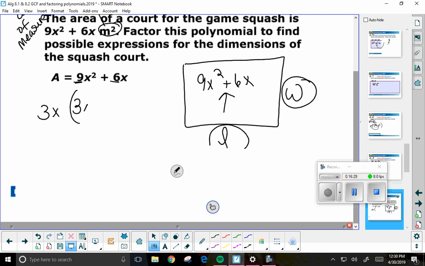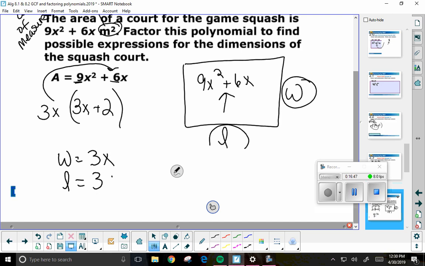That's another 3x. What would I multiply 3x by to get 6x? And that would just be a plus 2. So what that tells me is the width of this is 3x, and the length of this is 3x plus 2. Those could be the possible dimensions. That's all that question's asking.